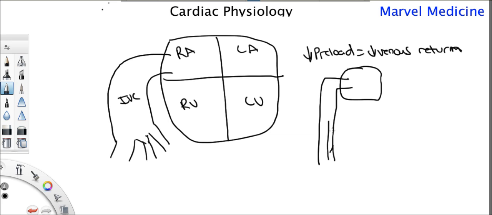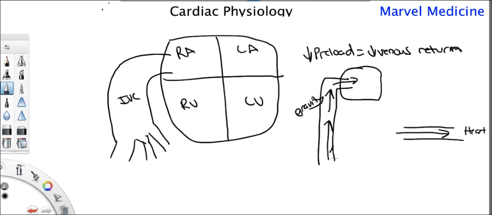Now, getting the blood up here is all related to gravity. Like I said before, when you lay down, what happens to gravity with this blood in the IVC? There is no gravity, right? Because you're laying down flat. It's like this now. And is it hard for the blood to go back? No, it can really easily go back to the heart.